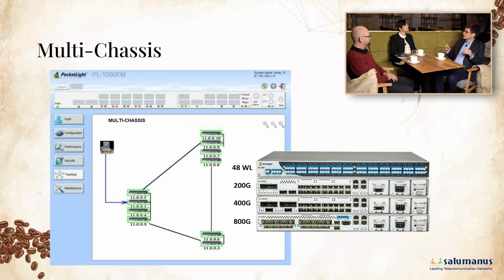And as I understand what you say correctly, it means that with Packet Light, this does not happen, because the disaggregated chassis infrastructure is in fact cascading them only on the management side. Exactly. So the new technology is just a new 1U device.